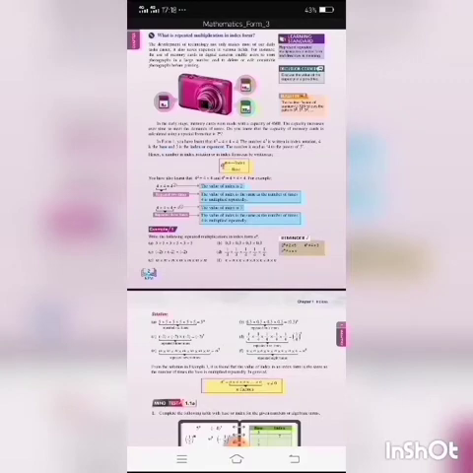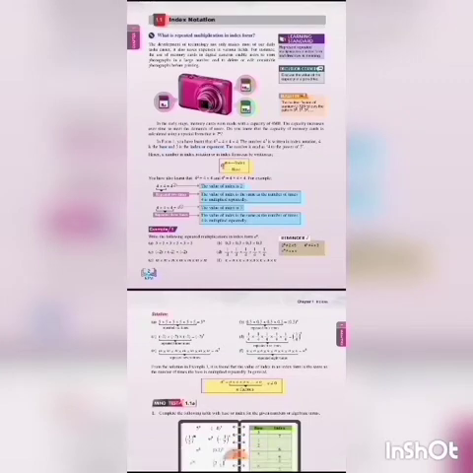In Form 1, you have learned that 4 cubed equals 4 times 4 times 4. The number 4 cubed is written in index notation. 4 is the base and 3 is the index or exponent.